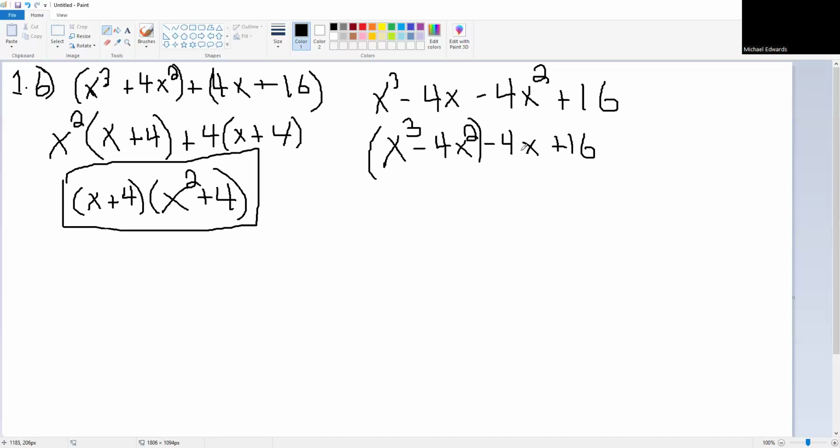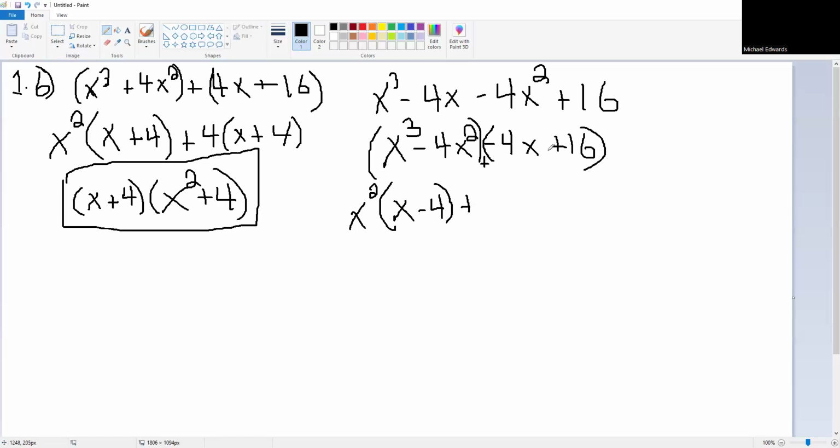Now this is a negative 4x. We group it by saying here like this, but this is a plus sign in the middle. We keep that negative with the term. We pull out what's common. So in this instance, this is just x squared. And this will end up being x minus 4.